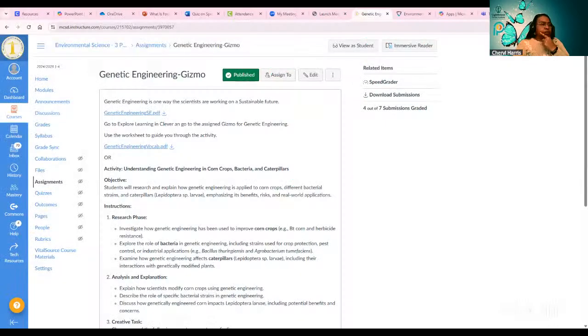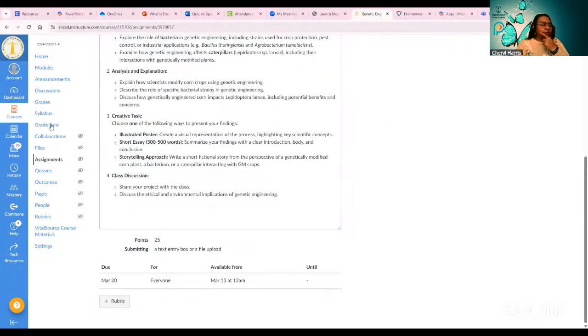All right, folks, don't forget there's a concluding statement that goes along with the three points. Lastly, you need to discuss, so that's kind of like your conclusion statement, the ethical and environmental implications of genetic engineering. In other words, should we be doing this?